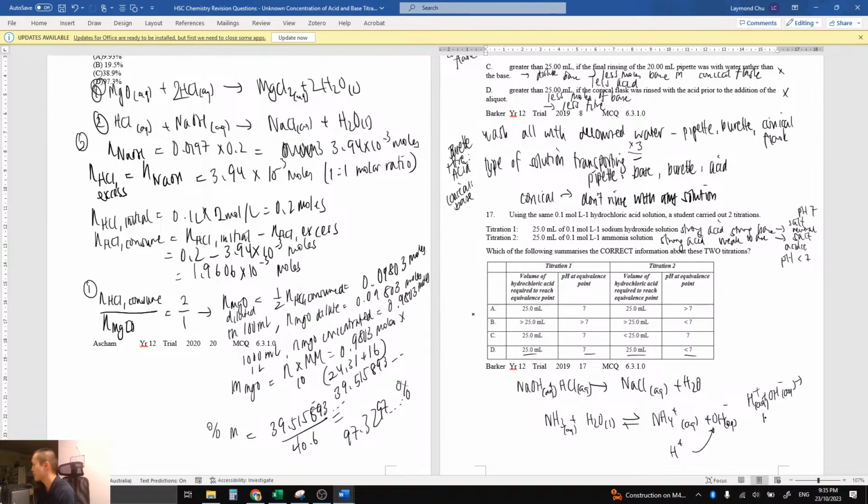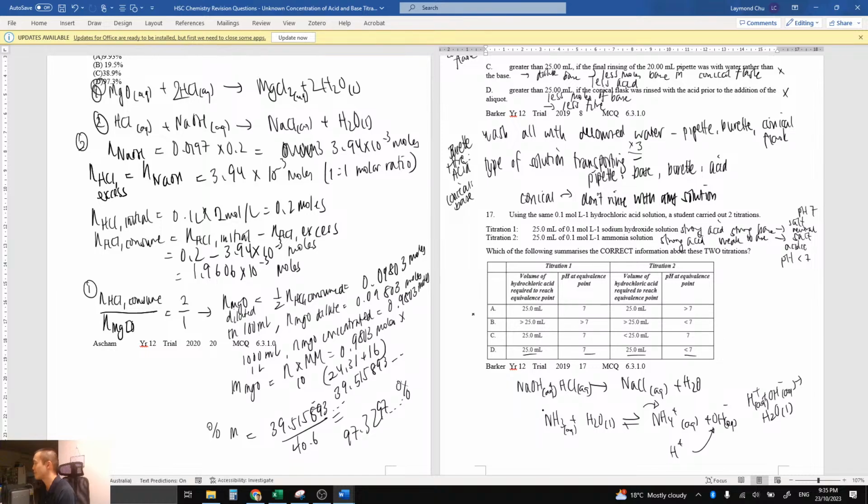Now, based on our understanding of Le Chatelier's principle, which states when a change occurs in a system, the system will shift to oppose it. So by having this, we're going to keep shifting this way, right? By having our H plus attacking our OH, reacting that with water, we're going to keep shifting it to the right. So what will happen to our concentration of our NH3? It's going to eventually get consumed and be converted all into our NH4.